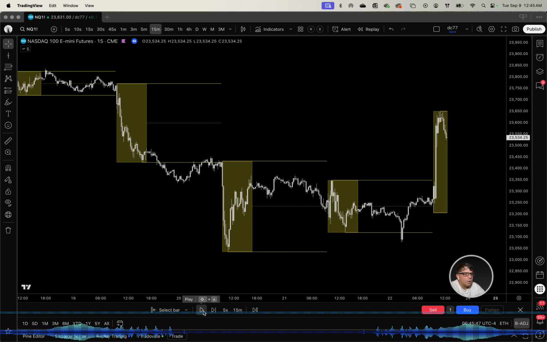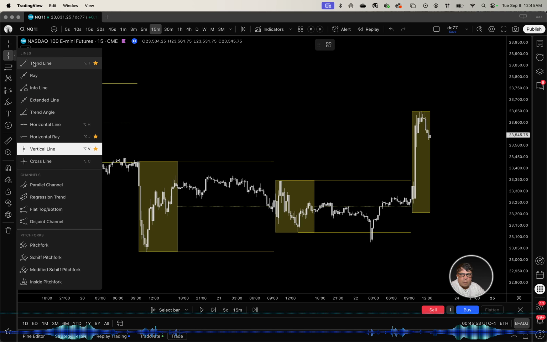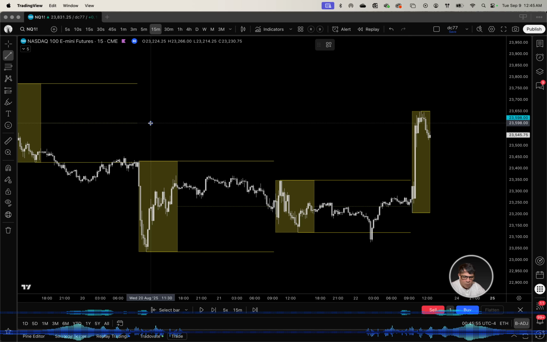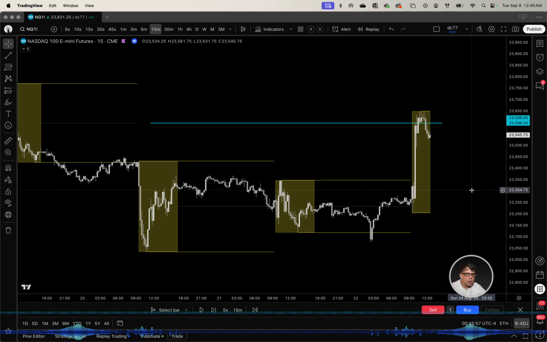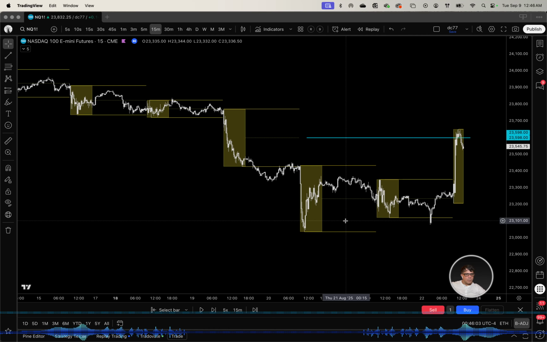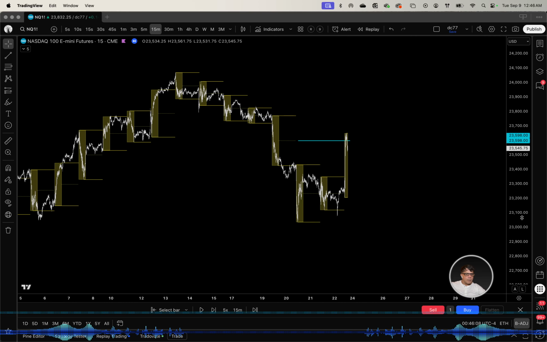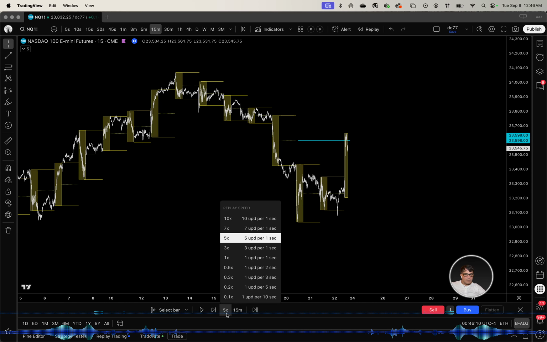Boom. Precision. Do this, folks. I'm telling you. Get on the 15-minute chart and set this not on 5x, set it on 1x.